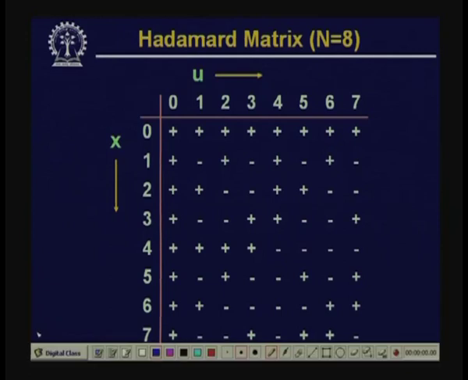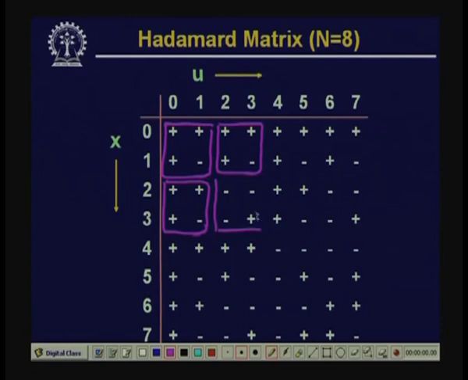You find that if I consider say these 4 by 4 elements, these 4 by 4 elements, these 4 by 4 elements, they are identical, whereas this 4 by 4 element of this matrix is just negative of this, and the same pattern can be observed in all other parts of this matrix.